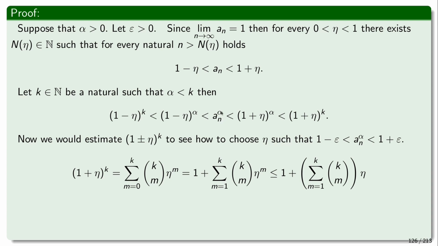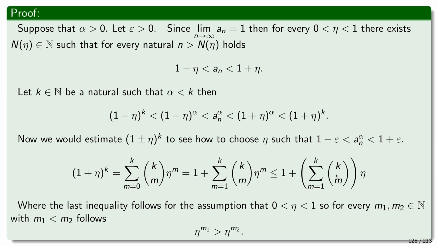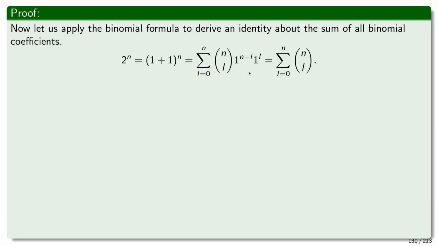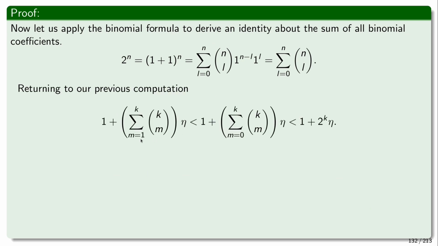So a_n to the power of alpha would be smaller than that and bigger than that. Here we use the binomial formula and the fact that the sum of all binomial coefficients is 2 to the power of n. So we showed that (1 plus eta) to the power of k is smaller than that. And we used the Bernoulli inequality to estimate this, to its full extent.